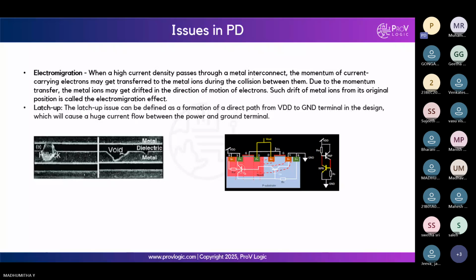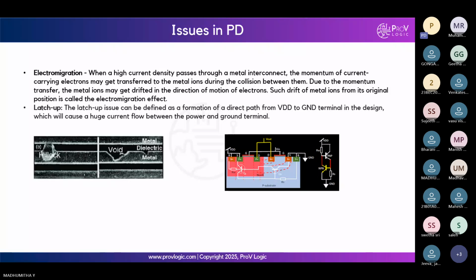Next is the latch-up effect. The second diagram will explain latch-up. So what is the process of latch-up? Inside a MOSFET transistor itself, a parasitic transistor effect will get created because of the multiple P and N regions that are being developed on the same substrate.